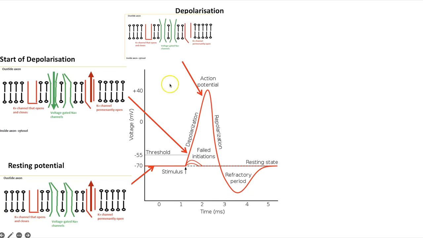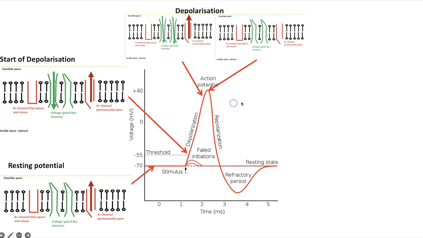Now, when you do get to that threshold point of minus 55 millivolts, that causes even more voltage-gated sodium ion channels to open, and therefore you get even more sodium ions diffusing in, making that voltage now become positive, and it peaks at plus 40 millivolts. When you get to that point, that causes those voltage-gated sodium ion channels to close, but we still have potassium ion channels that are permanently open.